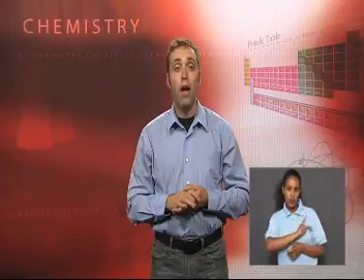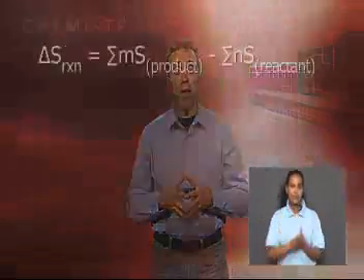Entropy is a characteristic property of every substance, as is color, hardness, volume, density, melting point, and enthalpy. Entropy is an extensive property because it increases as the amount of a substance increases.